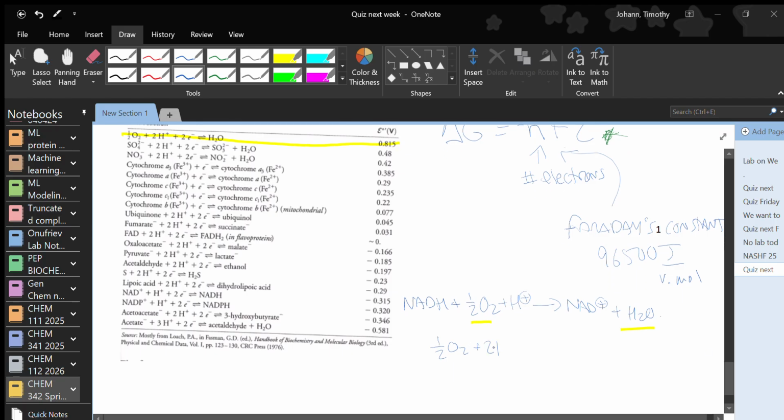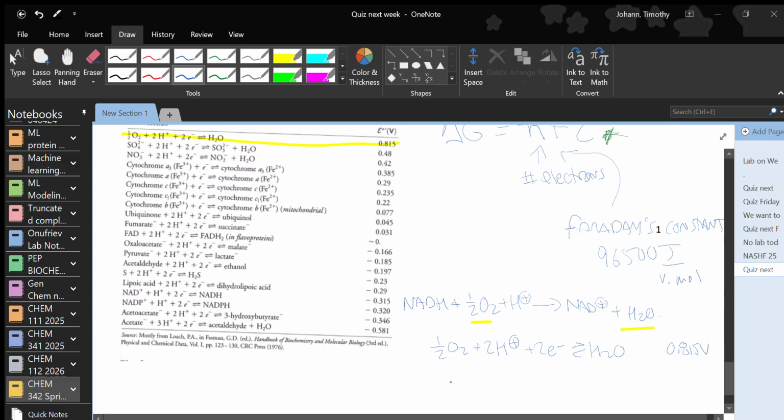We'll go ahead and pull in our hydrogens here, but we're not going to obsess over those. 2- goes to water, right? And that's going to give me a potential of 0.815 volts, the whopping 0.815 volts. You guys may not feel that way about it, but I feel like it's whopping.